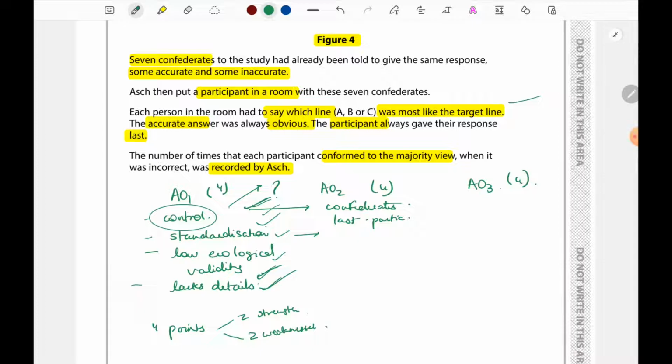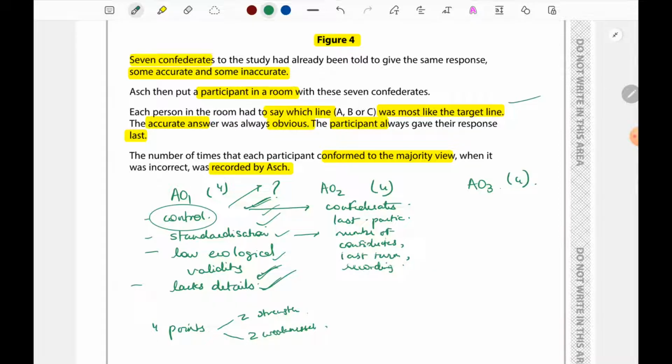Standardization is very well done in this study, because we can see all the steps are very fixed. Like, the number of confederates that are there, the turn of the participant always comes in a specific turn, that is the last turn. The recording of the time is done in a very standardized way.